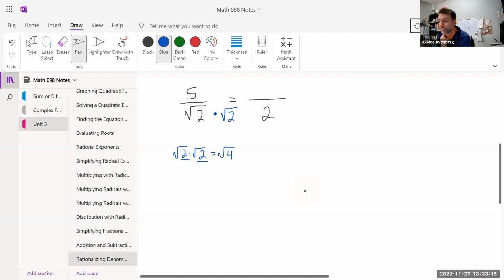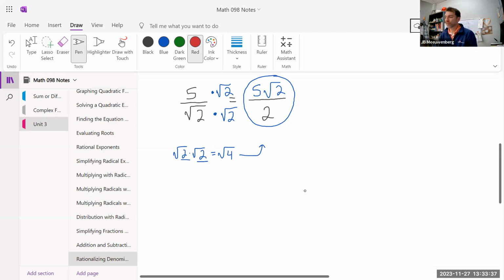And what's the square root of 4? 2. So we have to multiply the top by radical 2 as well. So what does this give us? Well, we just write it as 5 radical 2. So we went from 5 over radical 2 to 5 times radical 2 over 2.